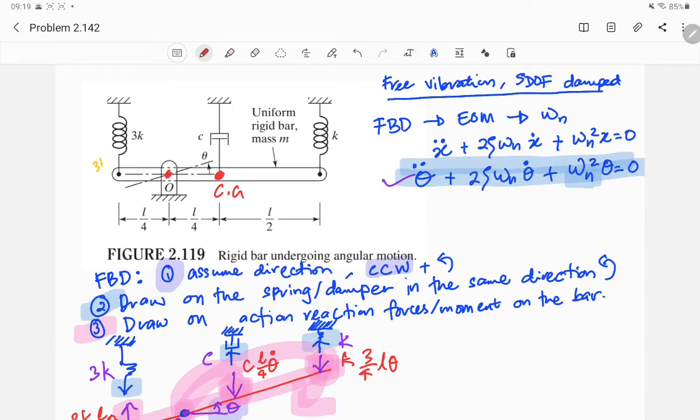So the pivot point is here. So your d is basically L over 4.